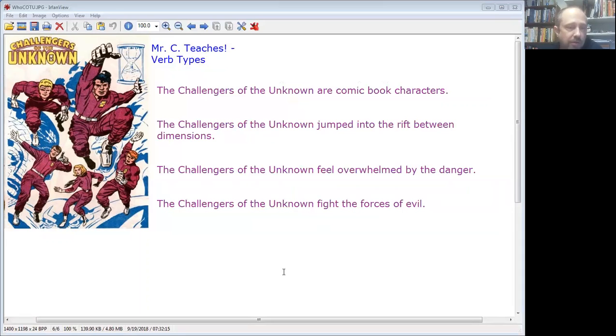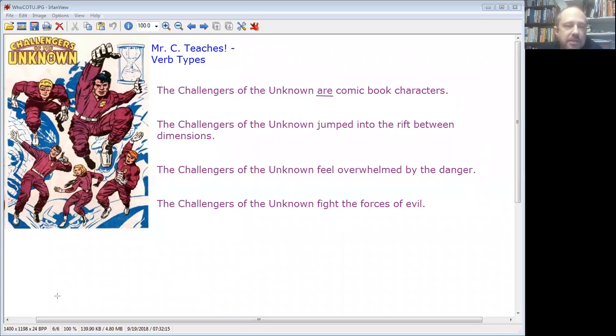Right, very clever abbreviations. So I look at my first sentence here. The Challengers of the Unknown are comic book characters. Well, that's the verb right there. And are is a linking verb. It does not express action. You know, nobody goes out. What are you doing tonight? Oh, I'm going to are. It doesn't work, right? Does not work. And so that's a linking verb.